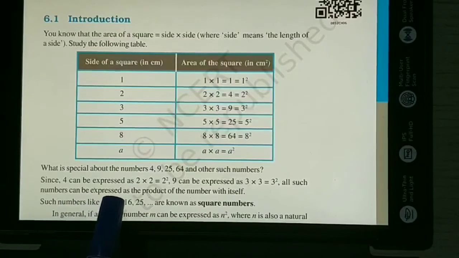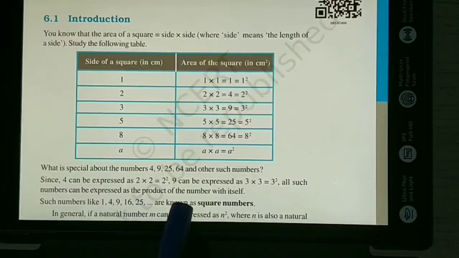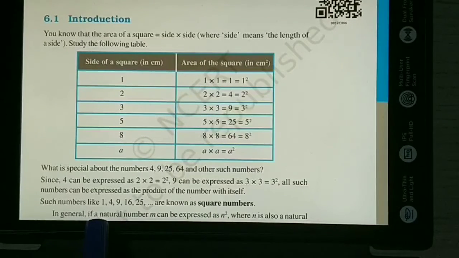Since 4 can be expressed as 2 into 2, that is 2 square, and 9 can be expressed as 3 into 3, that is 3 square. All such numbers can be expressed as the product of the number with itself. Such numbers like 1, 4, 9, 16, 25, 64 are known as square numbers.